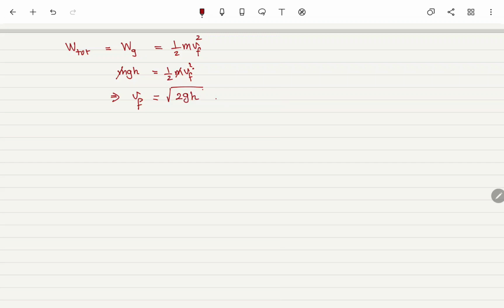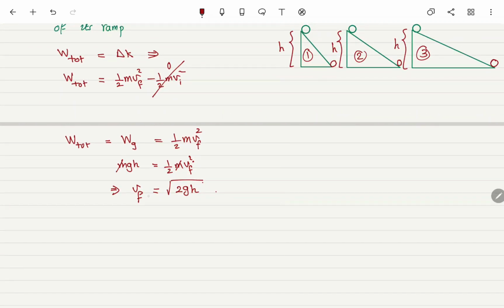This equation means that the final velocity depends only on the ramp height, which means all balls will have the same speed right at the bottom of the ramp. So the answer is all balls have the same speed at the bottom of their ramps.